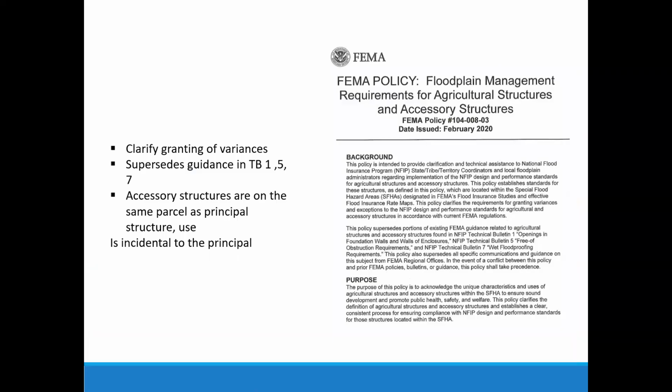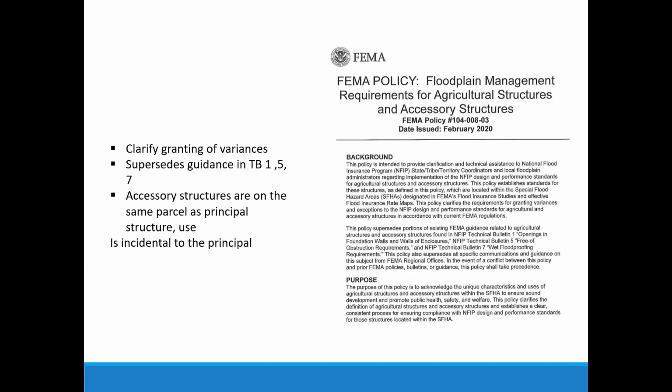And so FEMA has released policy guidance on this. They have this policy from 2020 that clarifies going through the granting of variances. It supersedes the previous technical bulletins. And it also talks about accessory structures in this policy.